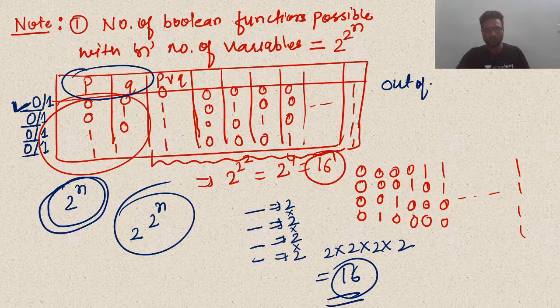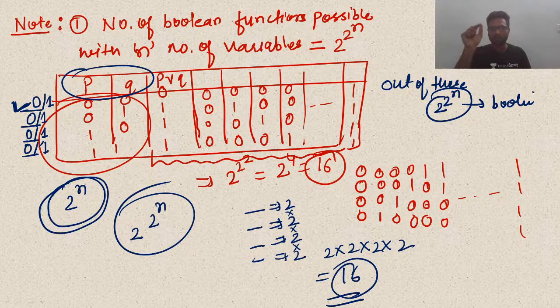Out of these 2 raised to power 2 raised to power n Boolean functions, if we pick a random function, then what is the probability that it is a tautology?